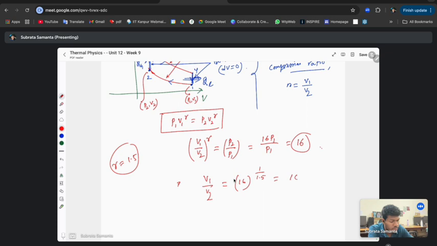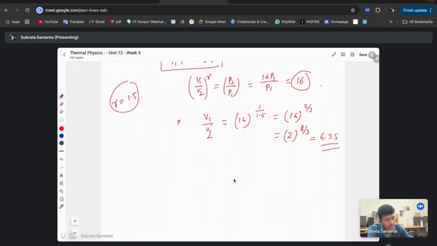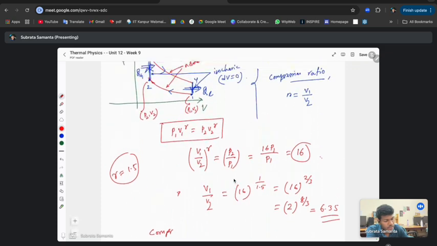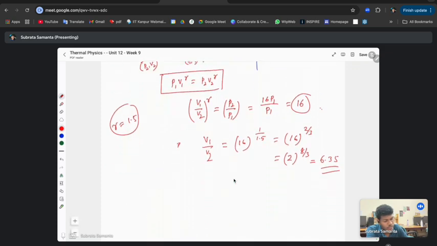So this is 16 to the power 2 over 3, and you know that 16 is 4 squared, so 2 to the power 4, so 2 to the power 8 over 3, which is close to 6.35. So this is the compression ratio, which I wrote as R.